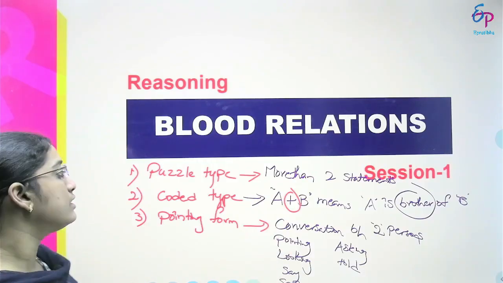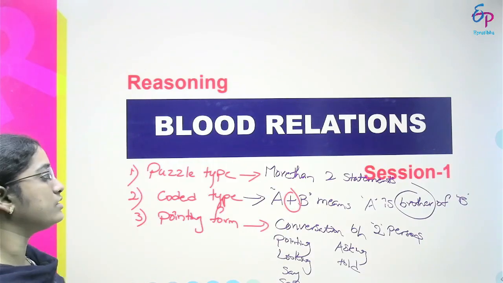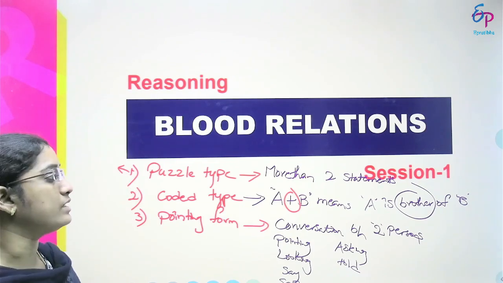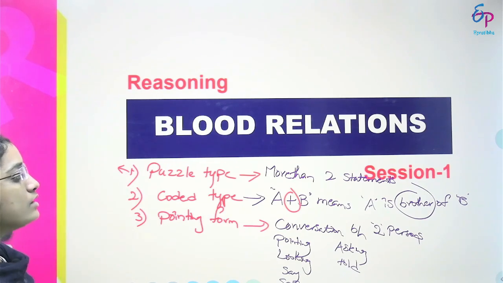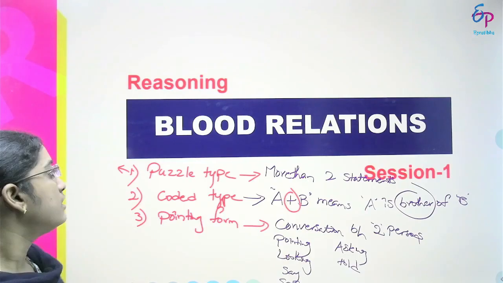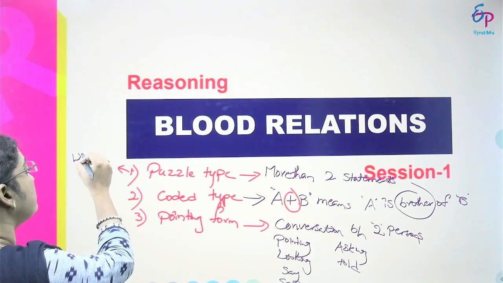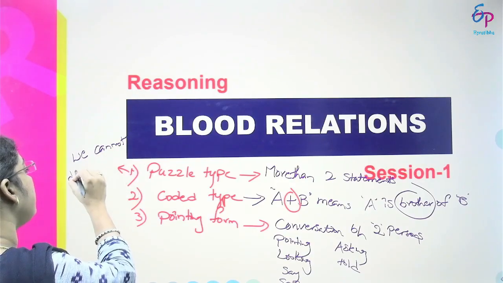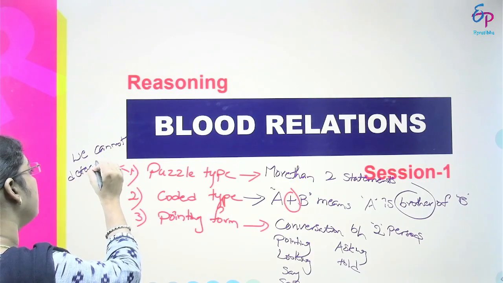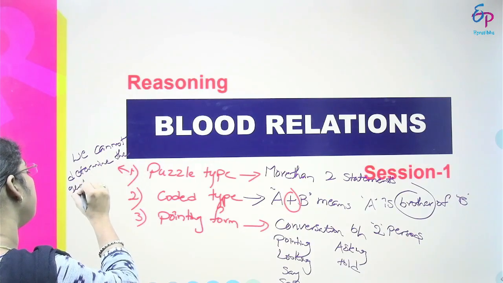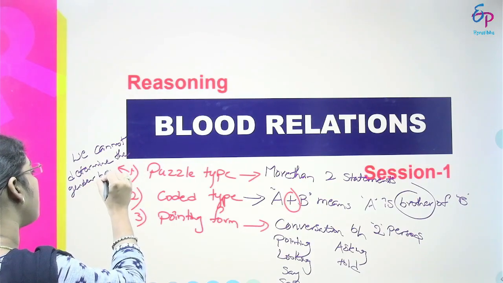But in case you want to solve a question related to puzzle type, we must know some basic points related to puzzle type. When we are solving a question related to puzzle type, at that time we cannot determine the gender based on names.